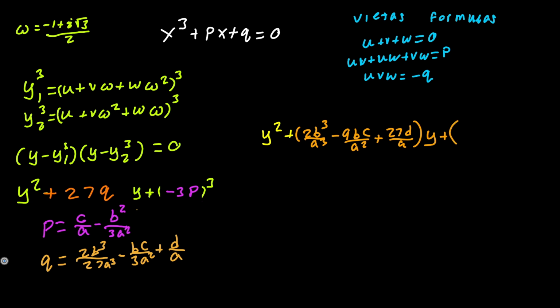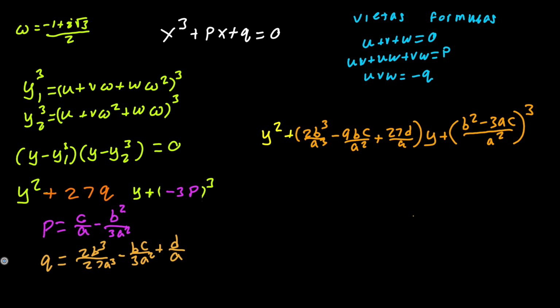And plus, we will have b squared minus 3ac all over 3a squared, all cubed. And since it is multiplied by 3, the denominator will just cancel with the 3. So we are simply going to be left with this.